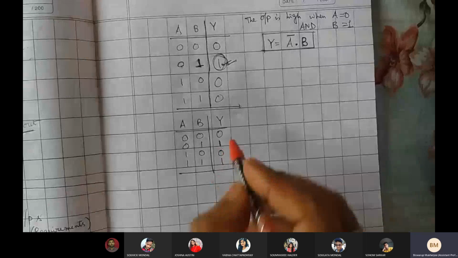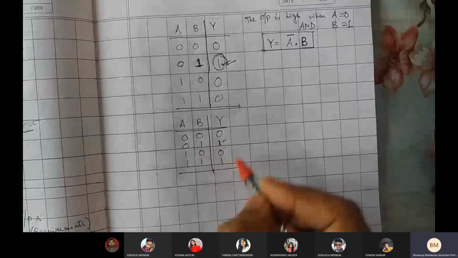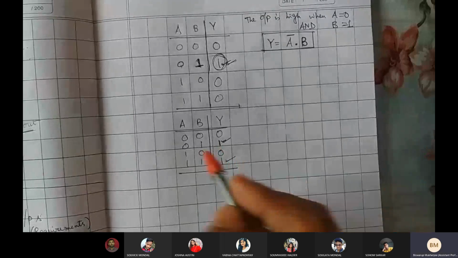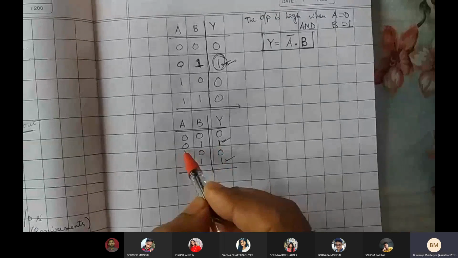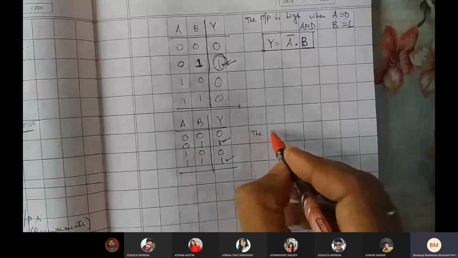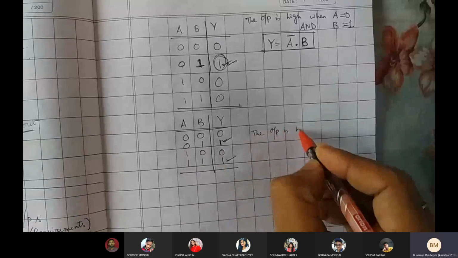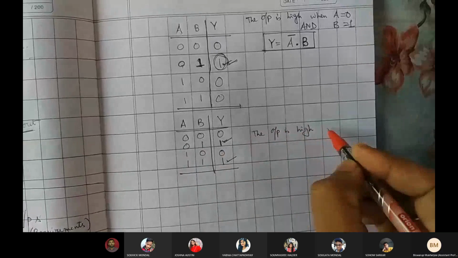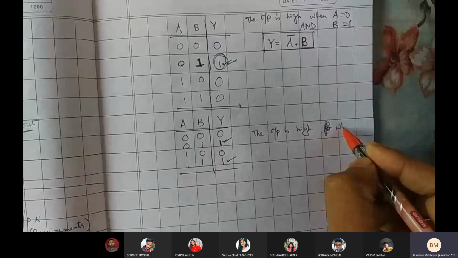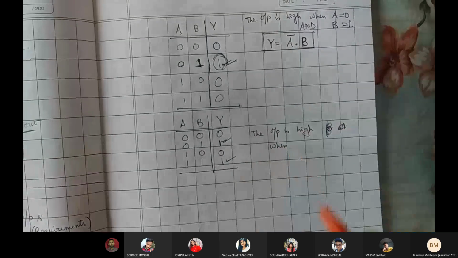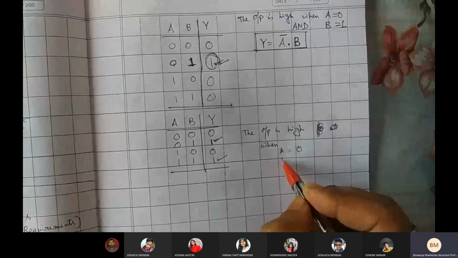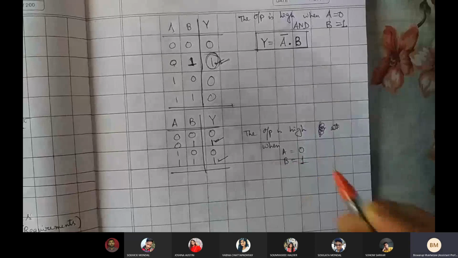What we need to do, again, is take 1. There are two ones available, this one as well as this one, so we need to take them individually. Initially we will go for this one. We can say the output is high when A value equal to 0, B value equal to 1.